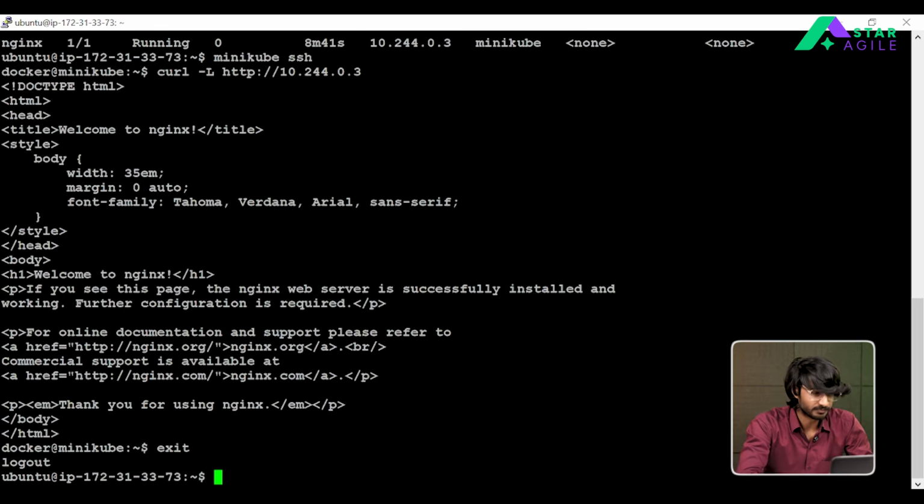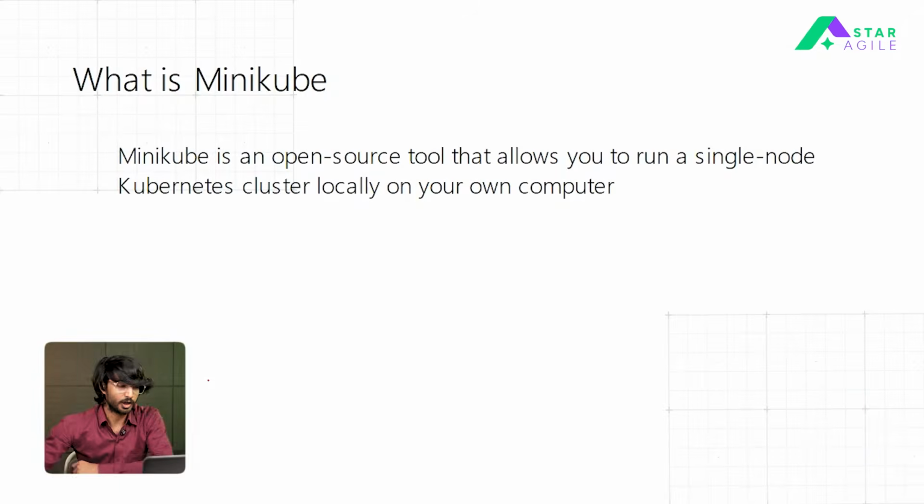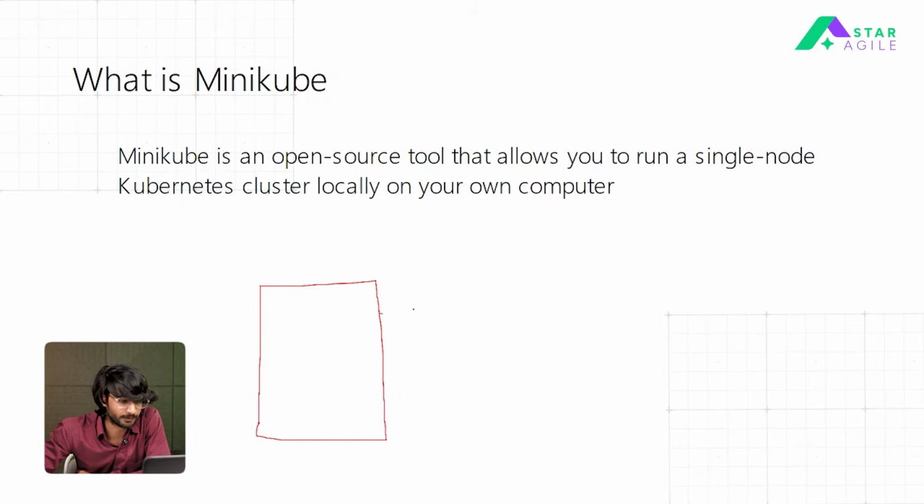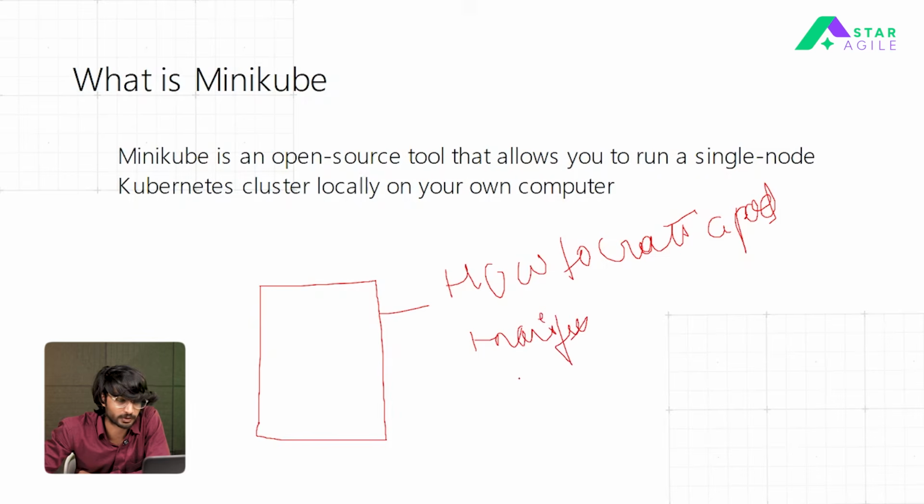But before I move ahead, let me sum up what we learned in this session. All right, people. This is what we saw in this particular session. We saw how to create a pod by using a manifest file. That was our main aim, and we understood what a manifest file is.